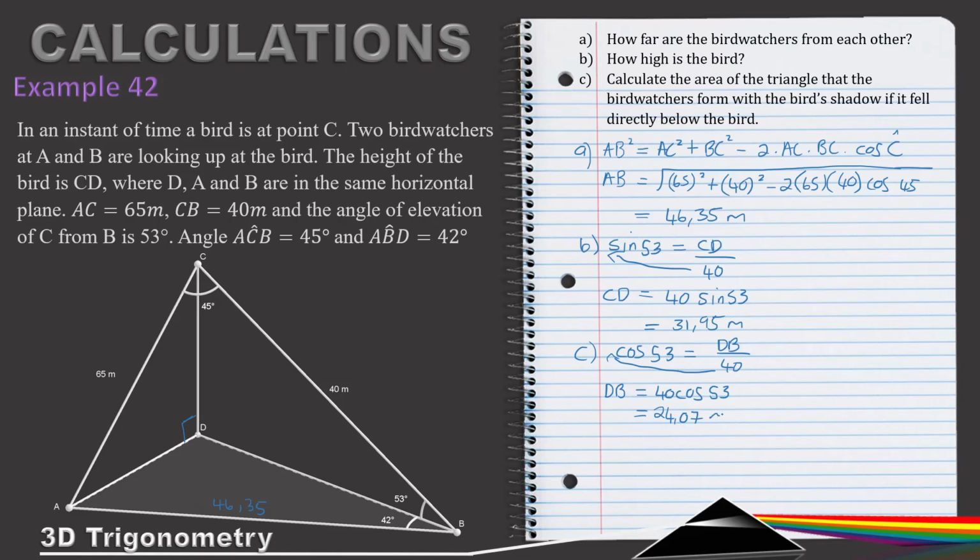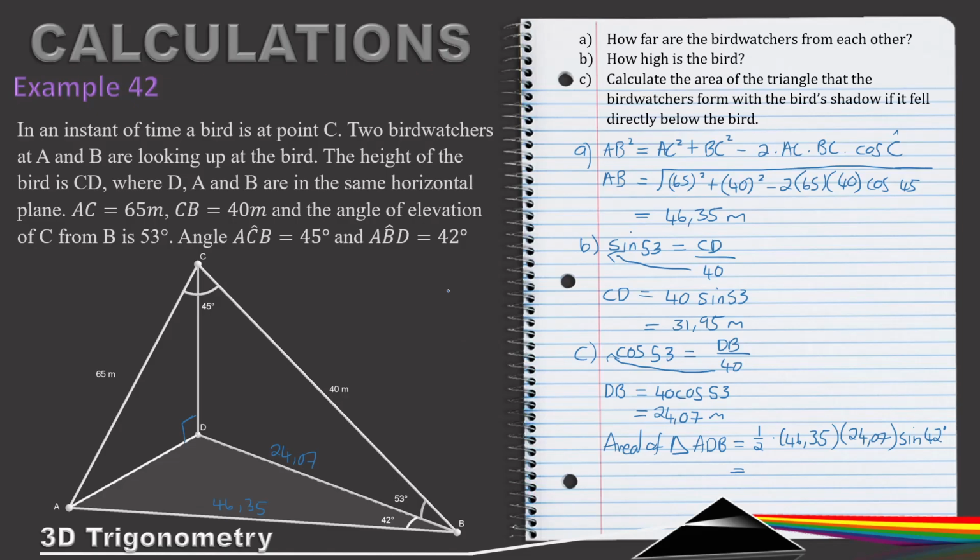Right, then we can go ahead, so this is 24,07, and now we can just say, okay, the area of triangle ADB is equal to half times the 46,35 times the 24,07 times sine of 42 degrees.